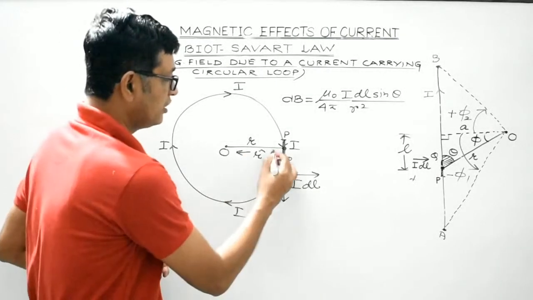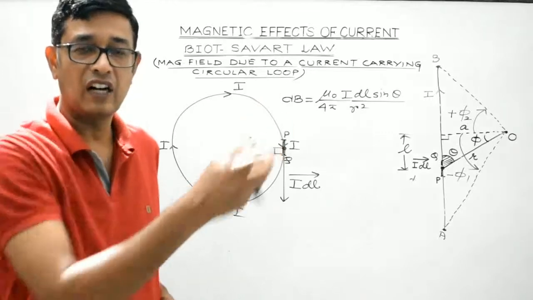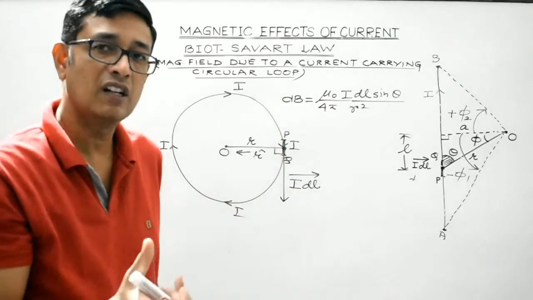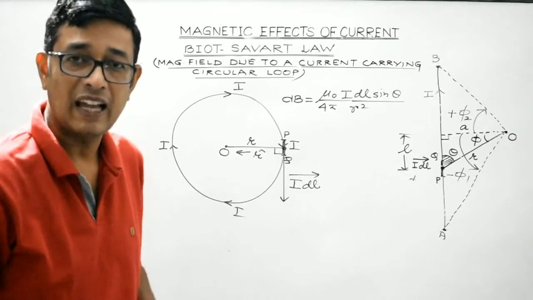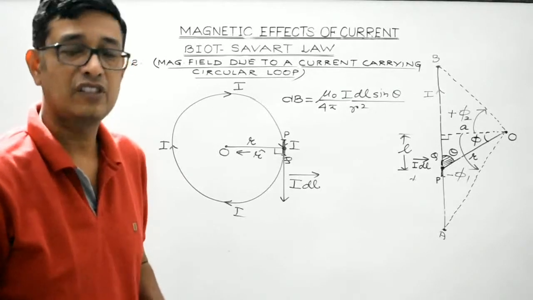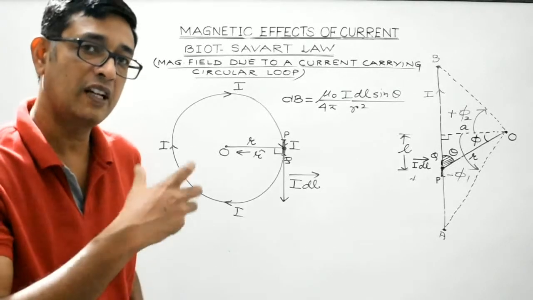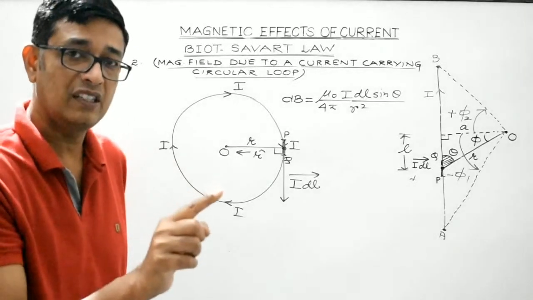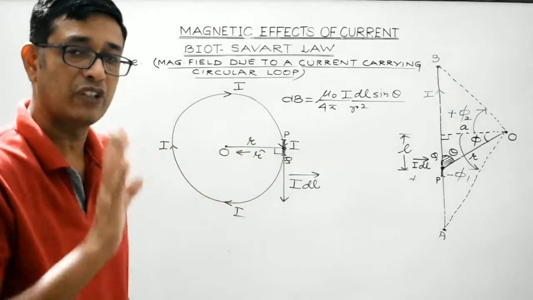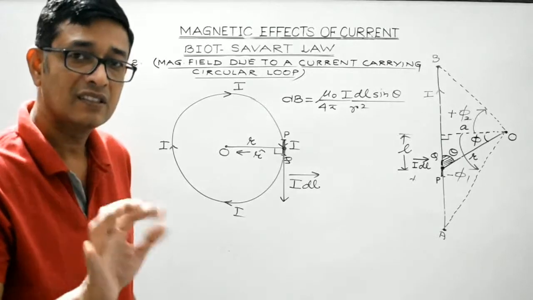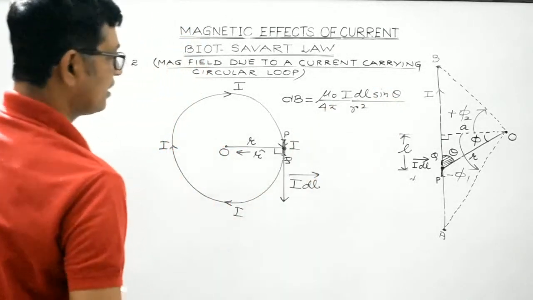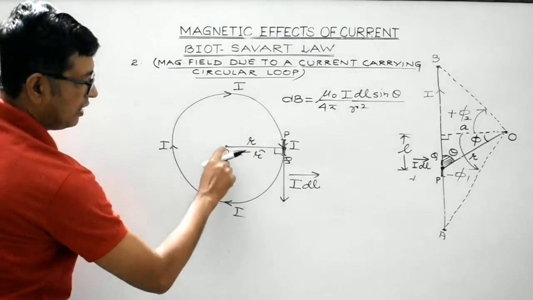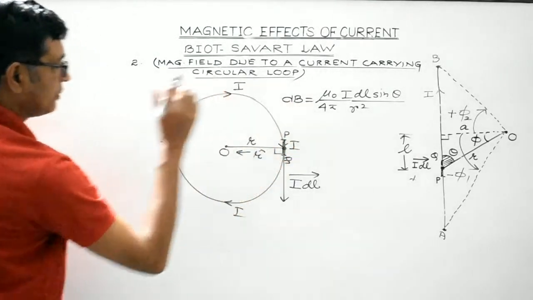It is 90 degree. In case of an arc, in case of a circular portion of a conductor, what happens is the angle theta, which is the angle which the direction of the flow of current makes with the line joining the center of the elementary portion to the observation point, is always 90 degree. So here theta is 90 degree. So what you get is magnetic field at the center due to the small elementary portion.